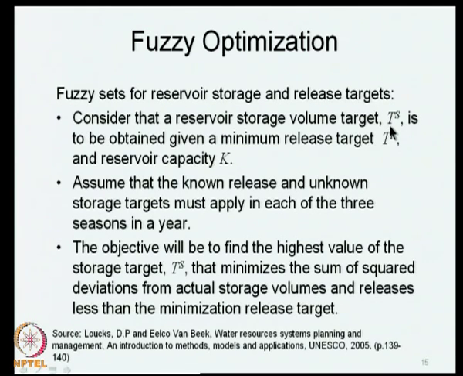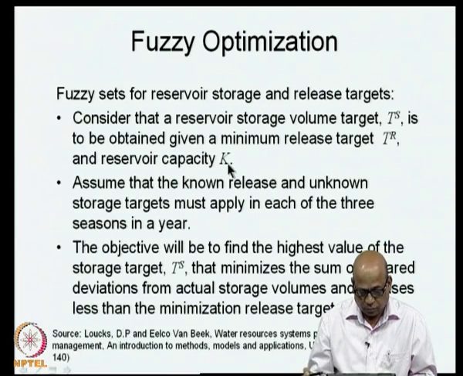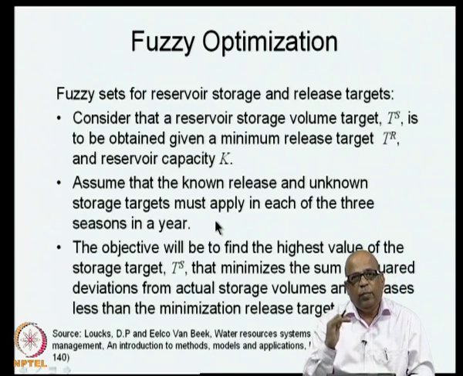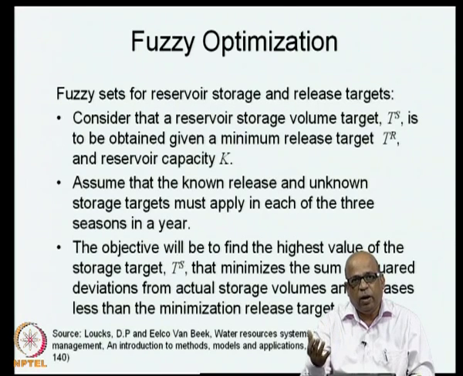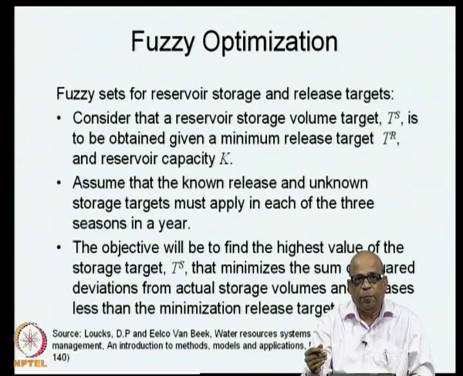So, we have a storage target and we also have a release target. The reservoir capacity is known. Now, we are looking at maximizing the storage target itself. That means, we do not specify the storage target a priori, but we will formulate the problem such that the storage target that can be met most of the time is itself maximized, which means on average we would like to maintain the storage as high as possible.